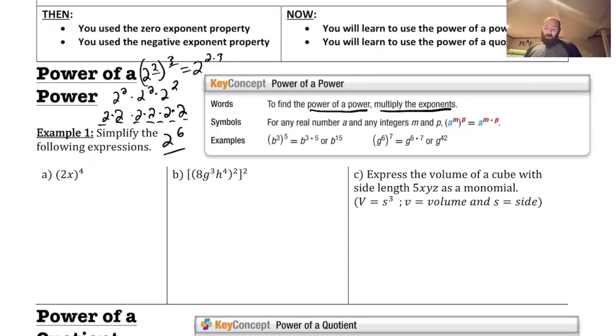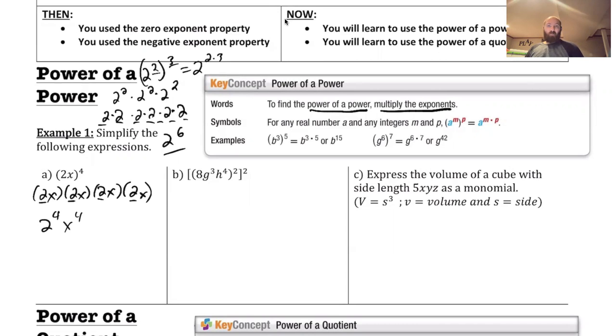Okay, so we're going to look at these here. Now, here's the thing to remember. If I take 2x raised to the 4th power, and that's all inside, remember, this is actually still 2x, 2x, 2x, and 2x. So I have 4 2's and 4 x's. So this is 2 to the 4th, x to the 4th.